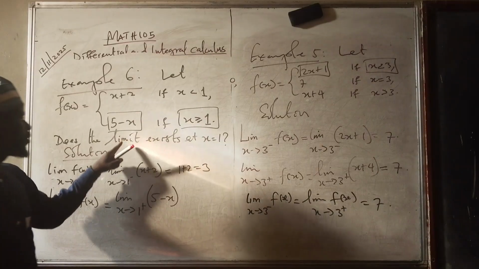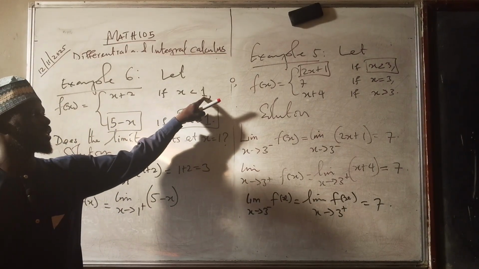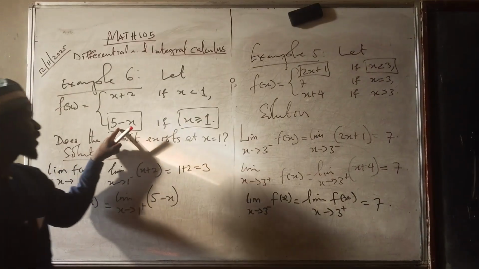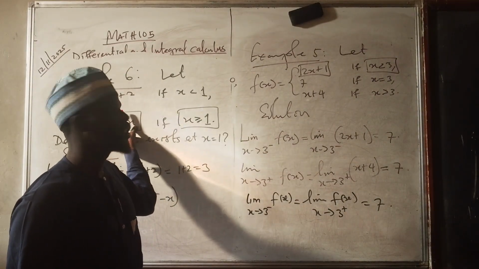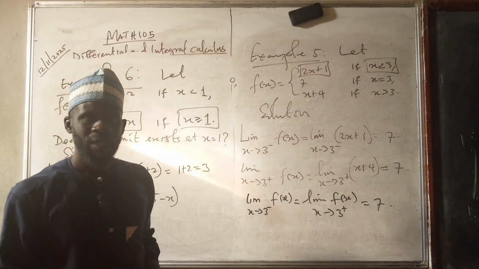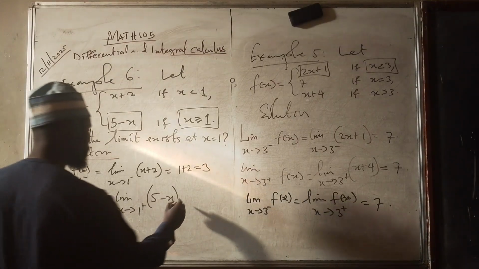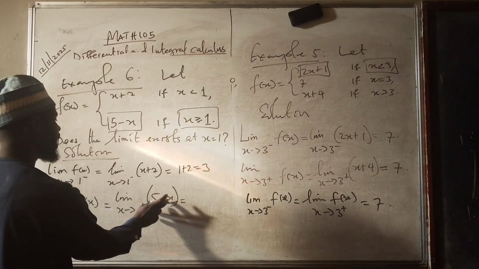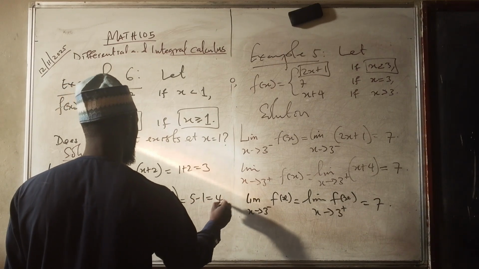Be careful. For the left-hand limit, we check when x is less than x naught. For the right-hand limit, you take the definition of the function when x is above x naught, which is in this case 1. So you have 5 minus 1, and that is equal to 4.